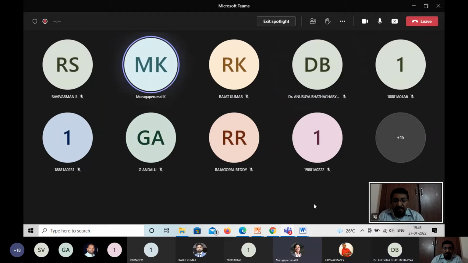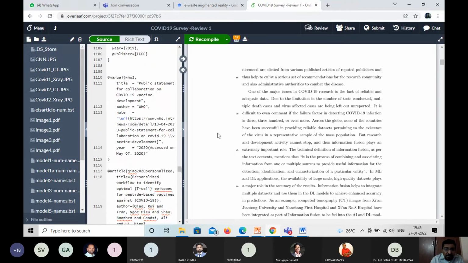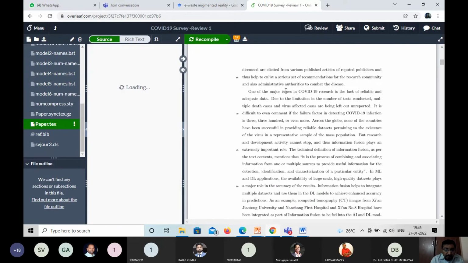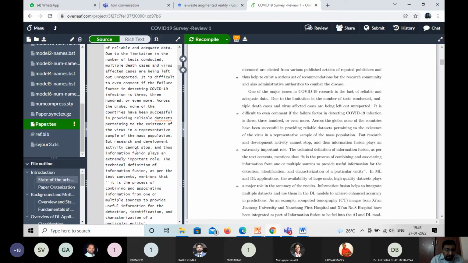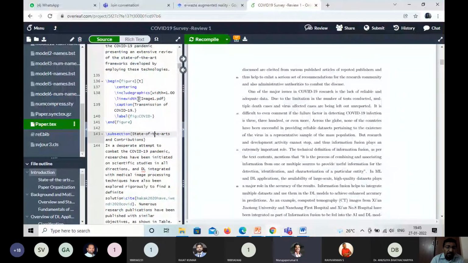It needs no coding, it is a very simple code only. Say, for example, if I'm trying to highlight a particular subsection, I just put a slash. It is mostly like HTML code, very easy only.